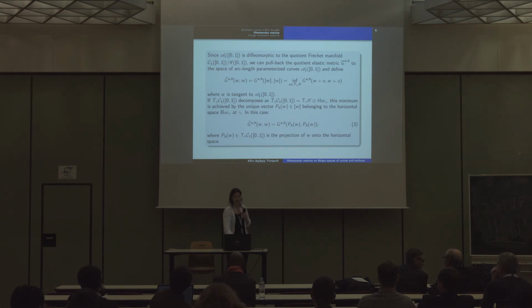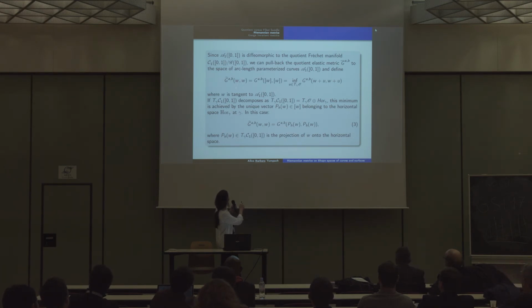So this goes like this. You define a metric on arc length. So the W here is a tangent vector to the space of arc-length parametrized curves, A1. And you define a metric on it like this.